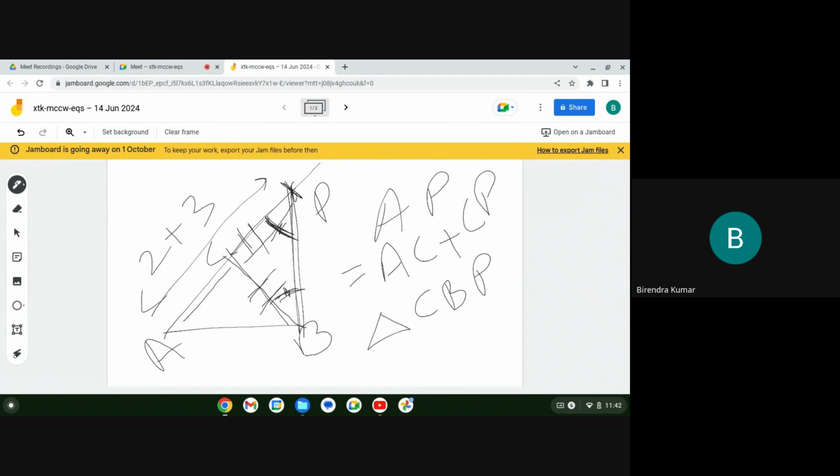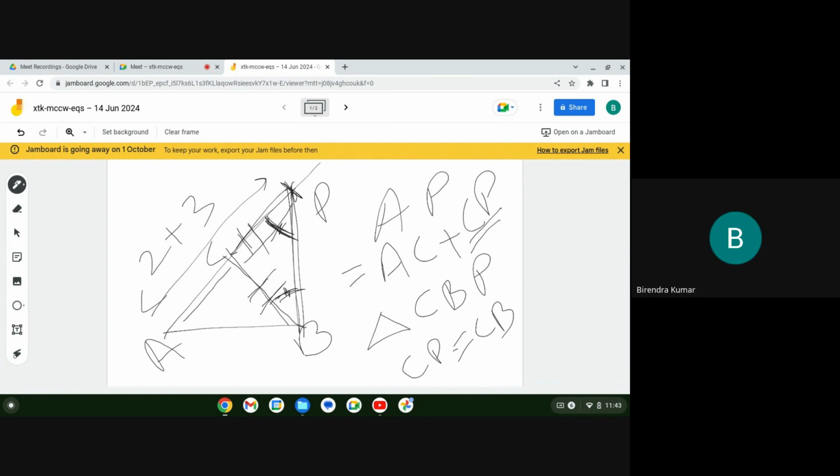Now CP and CB are the same, isn't it? CP and CB are the same.